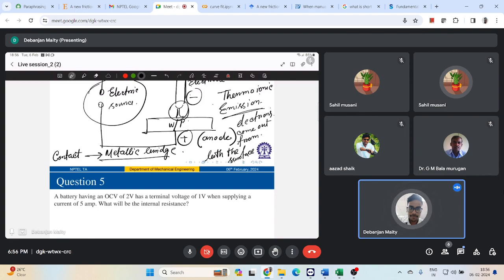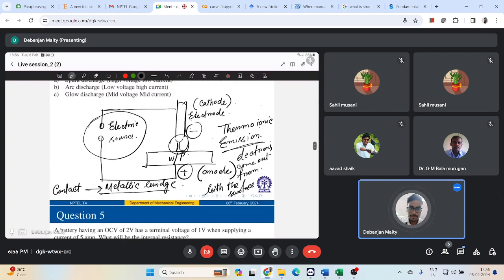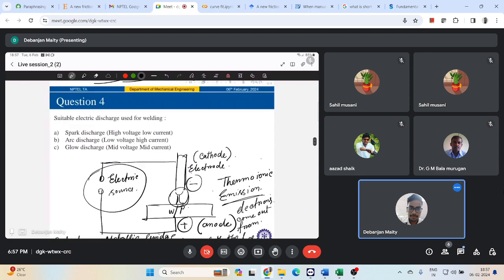Because those electrons are attracted towards the anode and pulled back, there will be some kind of interparticle collision between those electrons, and that gives rise to a process called thermal ionization.